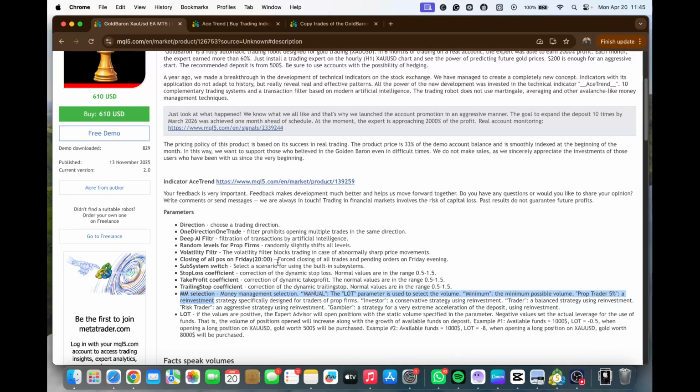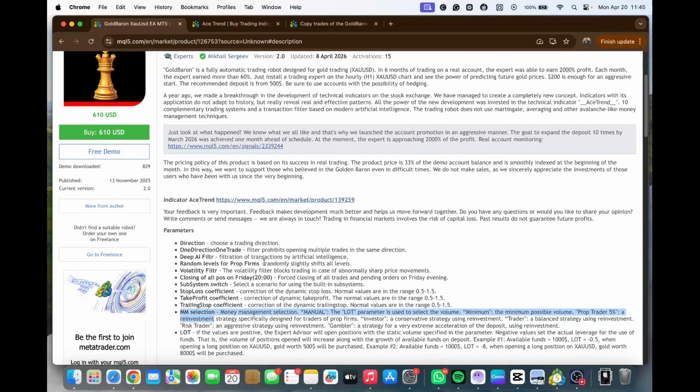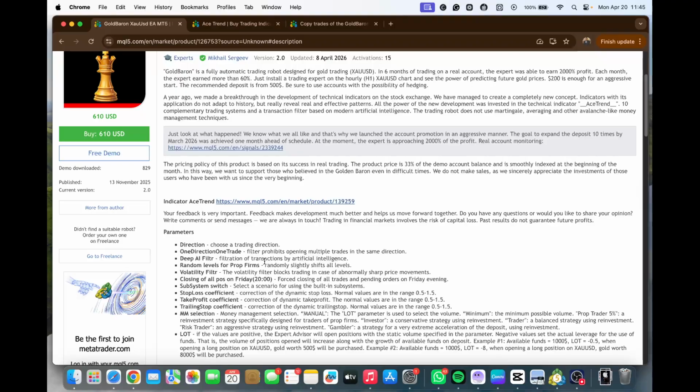It's best suited for experienced prop traders who understand drawdown psychology and can stomach 30 to 80% equity swings without touching the EA. If you're chasing fast growth for prop challenges and you pick the right money management mode, the prop tools, which are the random levels and the Friday close, are all genuinely helpful.